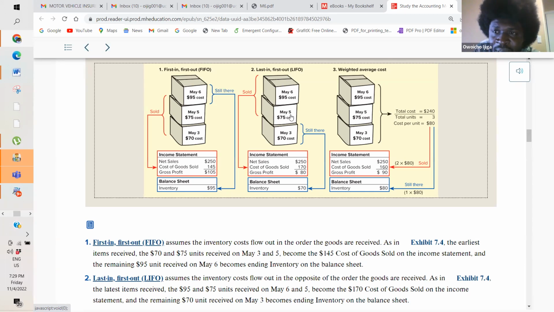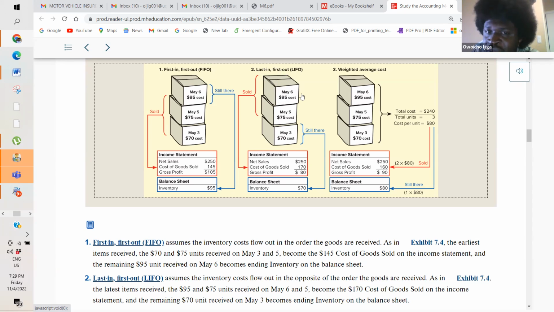It's different for the last in, first out. The last in means the one that came in last will be the first to sell. So now, on May 3rd, the same thing: I bought an inventory and it cost $70. On May 5th, I bought an inventory and the cost is $75. On May 6th, $95.